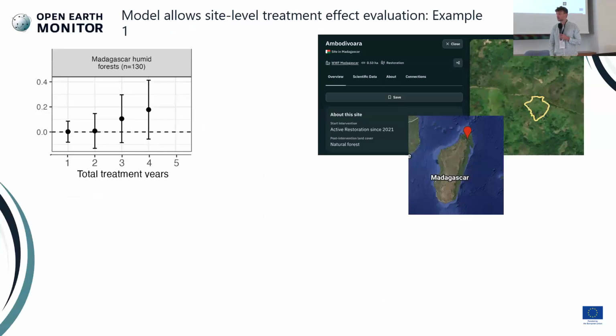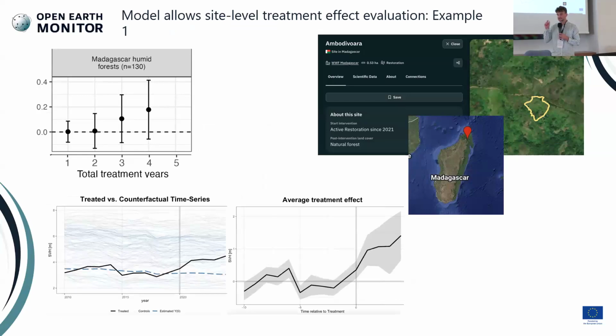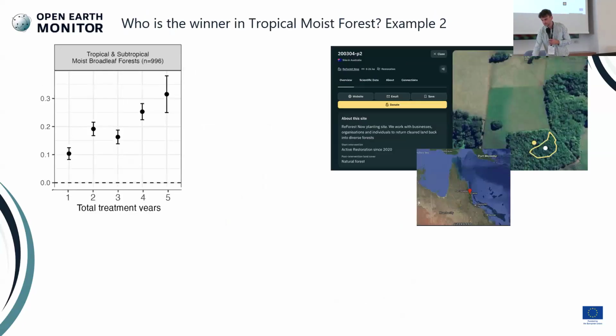And let's look at some examples. Here, for instance, we take the ecoregion Madagascar humid forests, and we look at a single site within this ecoregion, and we can then actually get a treatment effect for this specific site because we have constructed a counterfactual for each of our treatment sites based on this new donor pool of control time series data.